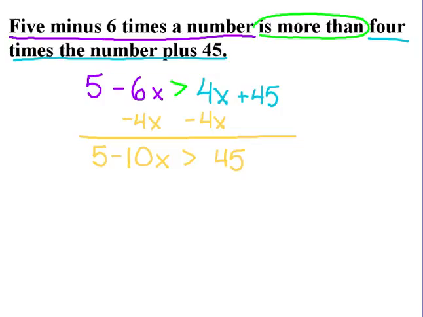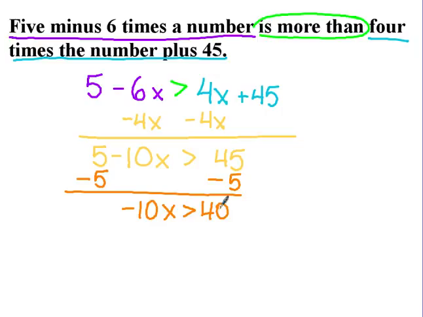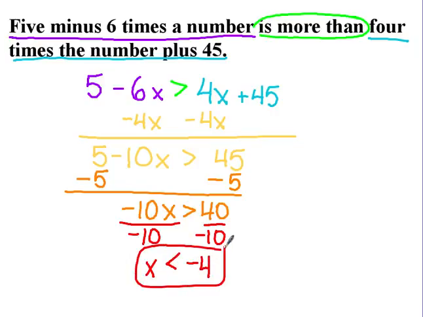What do I do now? Subtract 5 from both sides. So I end up getting negative 10x is greater than 40. What is the next step? Divide by negative 10. So I end up getting x to be, nice job, you caught the switching of the inequality.